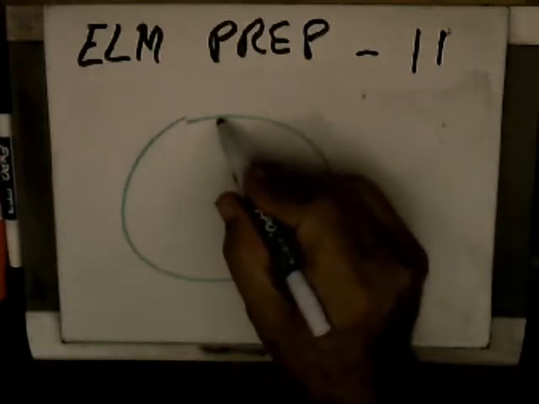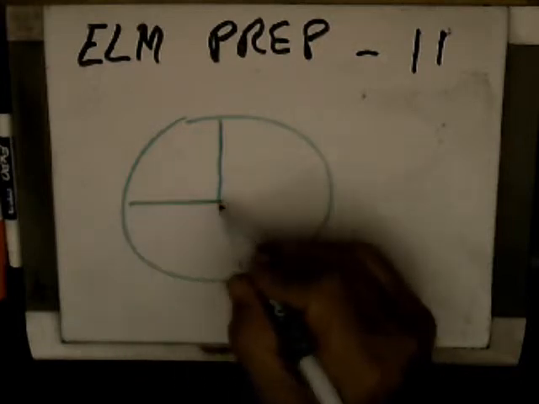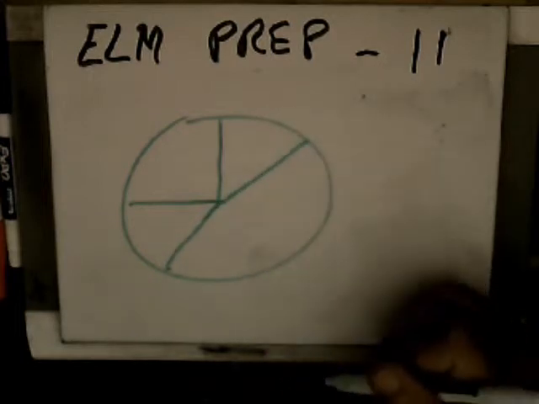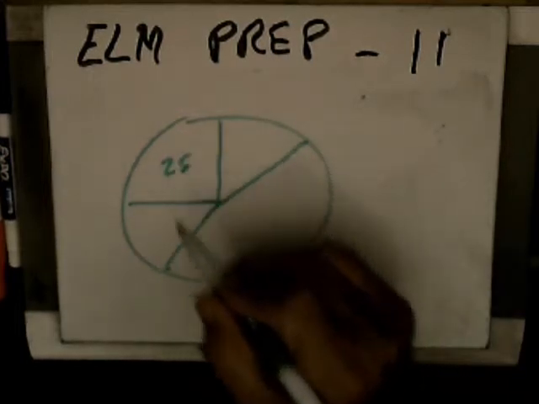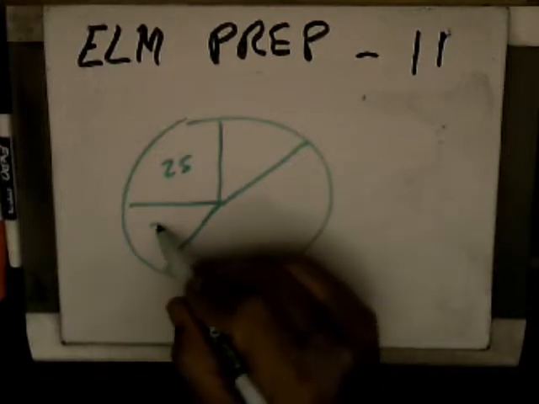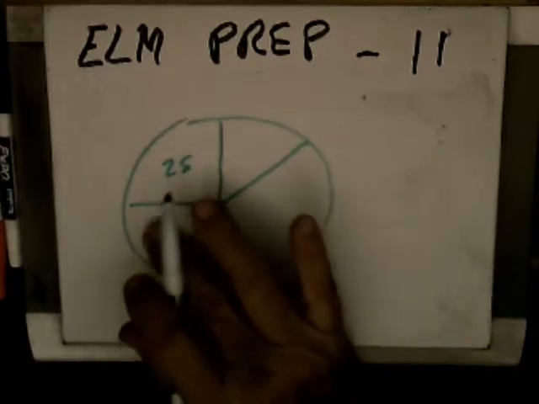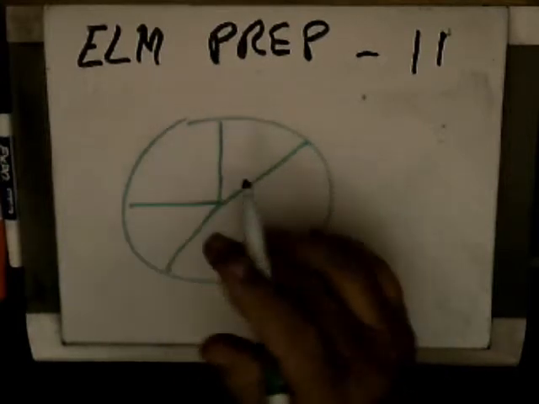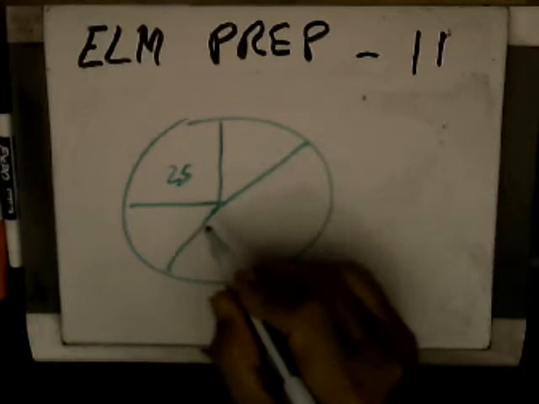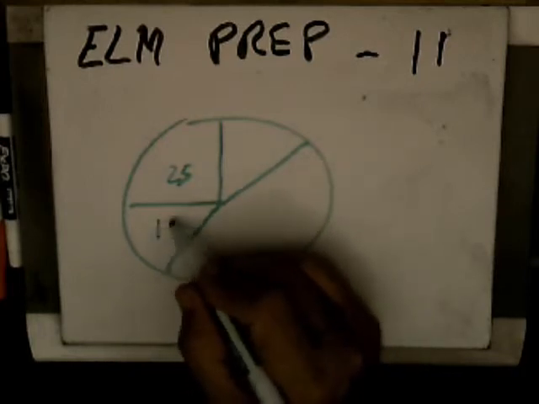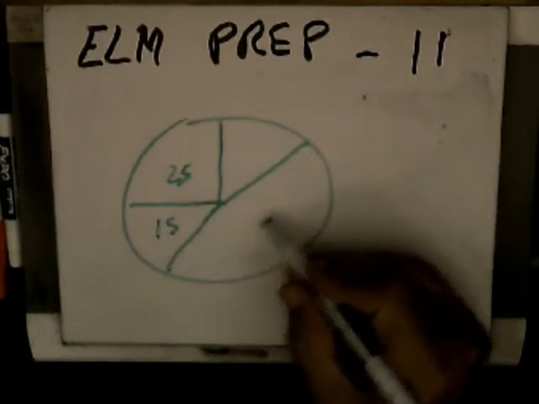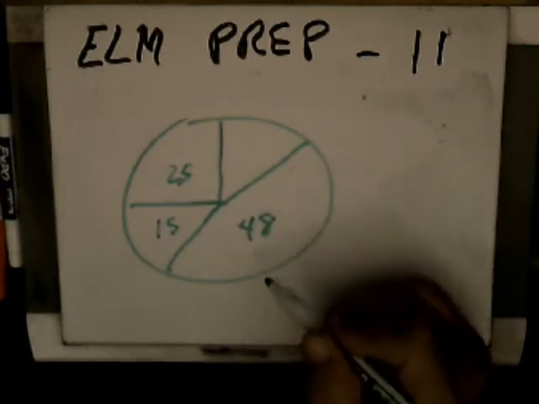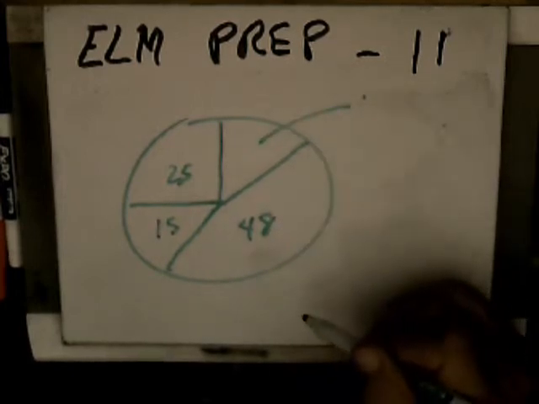They might break this up into amounts like that and say, well, this is 25%, and this might be 15%. And this might be a little less than 50%, maybe 48%. And then that would leave us some amount there.